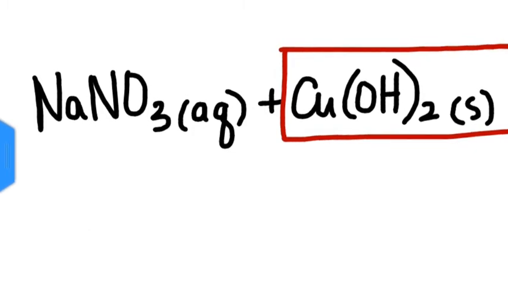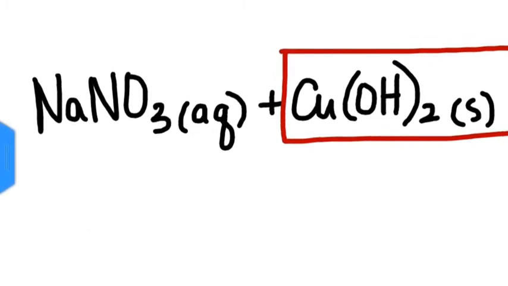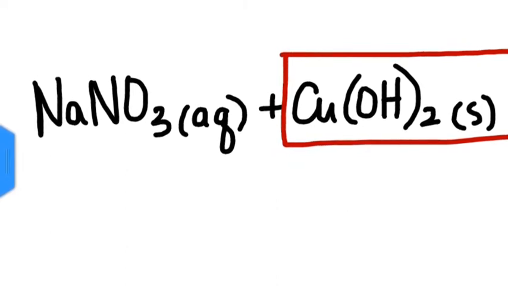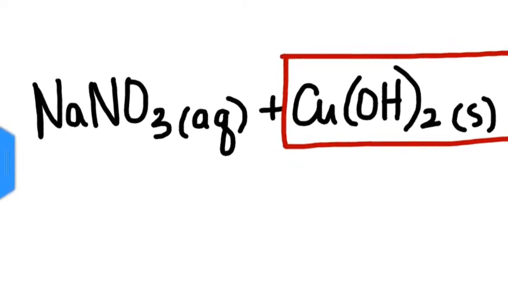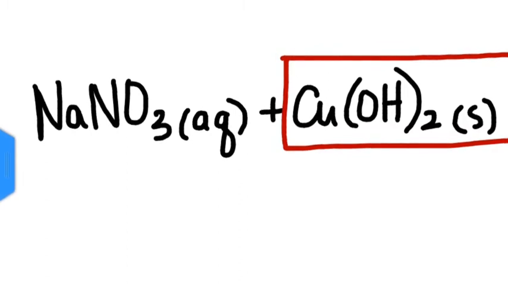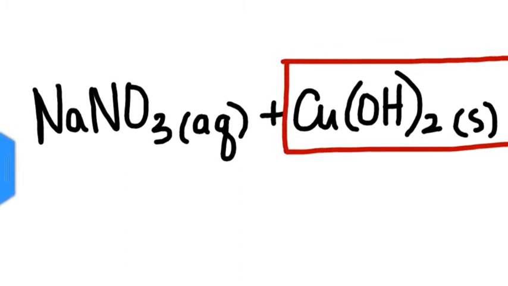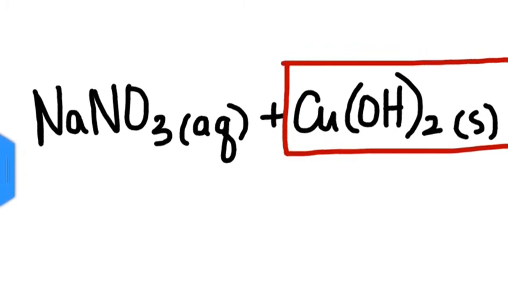And chemical equations only include the chemicals or the substances that undergo chemical change. So since the sodium nitrate will not undergo a chemical reaction, we are not going to include it in the next chemical equation.